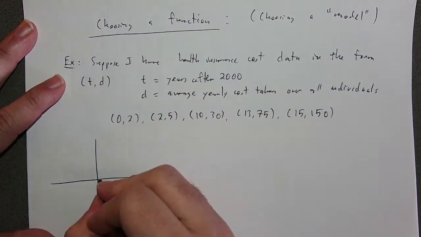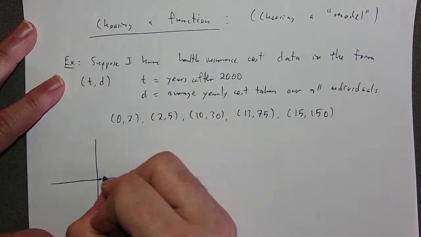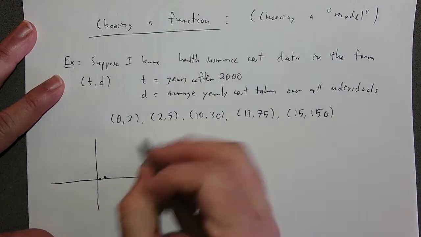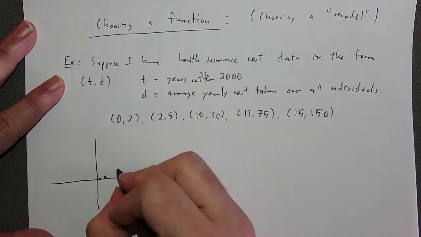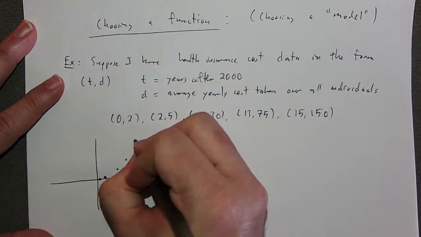So we would have a point here for the (0, 2), and then another point here for the (2, 5), and then a point here, and then here, and then here.